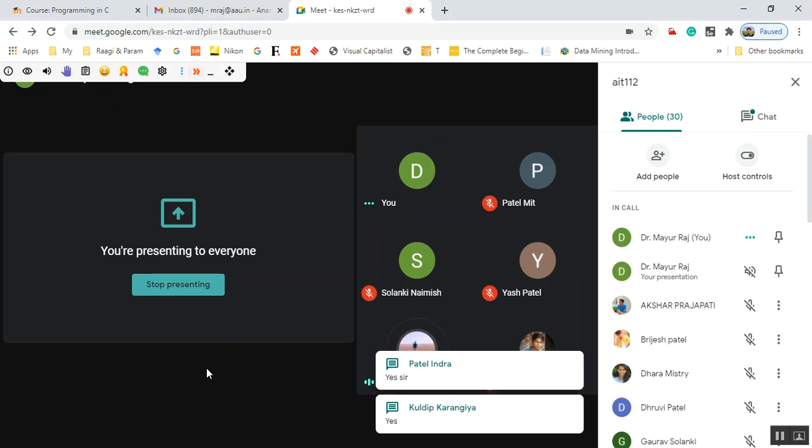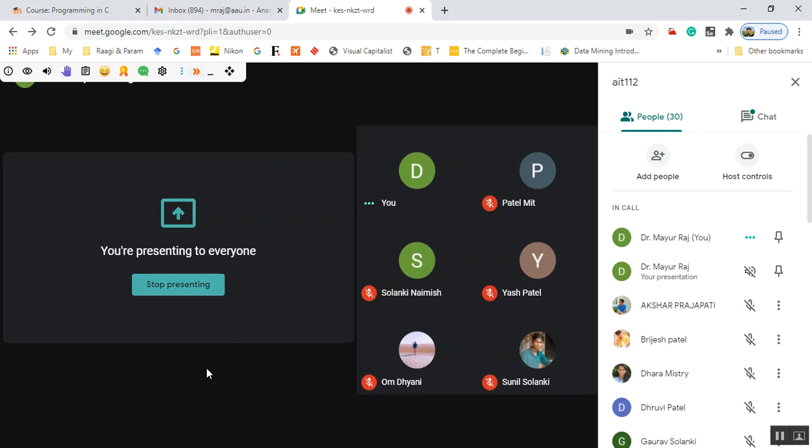Binary language is basically the use of zero and one. Anybody else? Except yes and no, can anybody say what is binary language? Be fast. We don't have time.